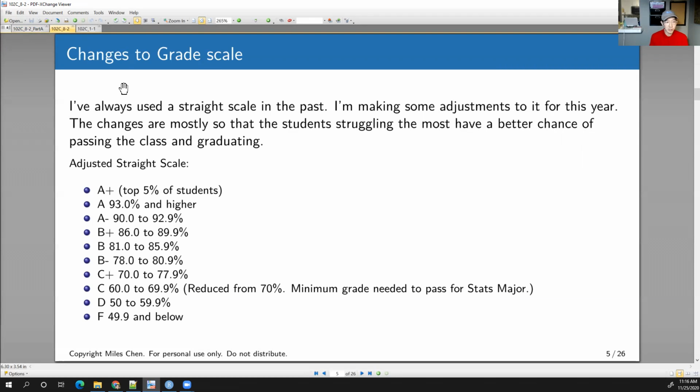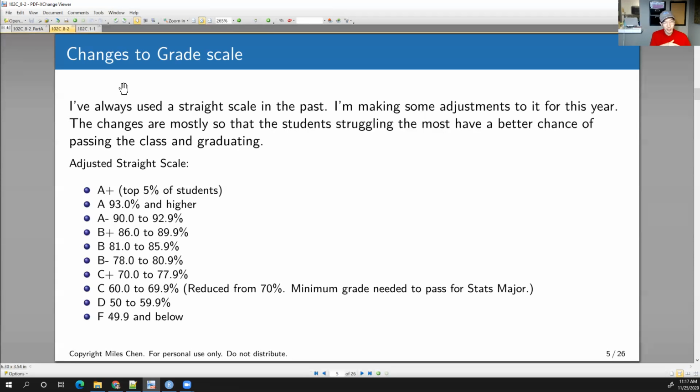I'm going to make a few small changes to my grade scale. I've always used a straight scale in the past, and I still believe in the philosophy of using a straight scale, but this year I'm going to make a couple adjustments to it. The adjustments are mostly to help the students who are struggling the most. I have more students than I want scoring lower than 70%, and I don't want to fail all of these students.